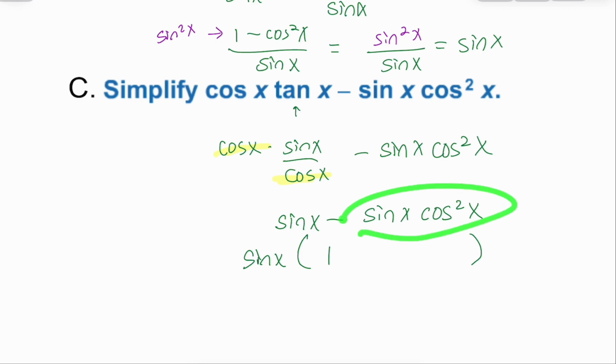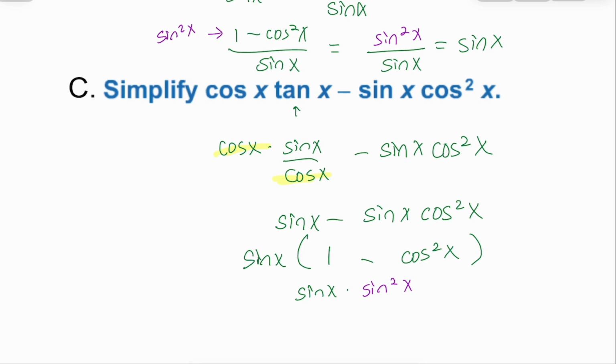When I divide by sine and take it out, I have left over a cosine squared. Now what is 1 minus cosine squared? 1 minus cosine squared is sine squared. So this is a perfect replacement with a sine squared. And then we have 3 sines multiplied together. Our final answer is sine cubed.